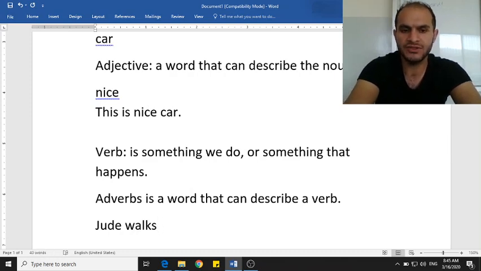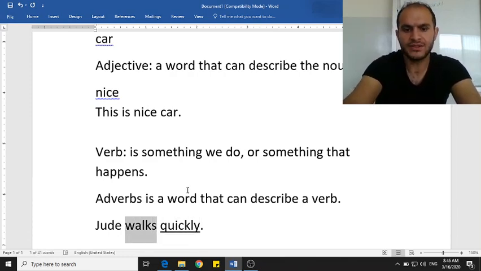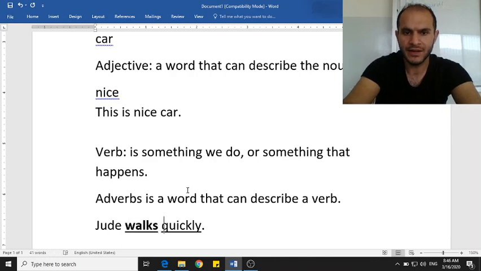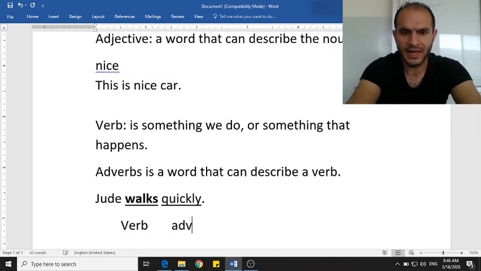So we can say Jude walks quickly. In this case, we have the adverb that describes the verb. So here again we have verb and then we have adverb. And the adverb is the word that describes the verb.